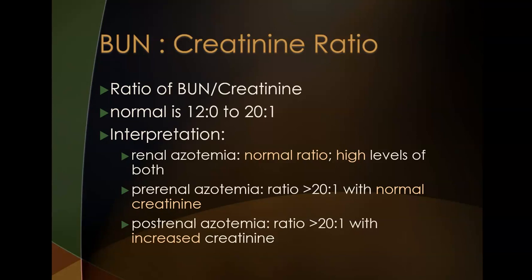So we think dehydration, loss of blood volume, shock, and that kind of stuff. As soon as you correct that, usually the azotemia corrects itself and the BUN creatinine ratio goes back to normal. And in post-renal azotemia, your ratio can be greater than 20 to 1 with an increased creatinine, or it can be normal, also sometimes with increased creatinine.